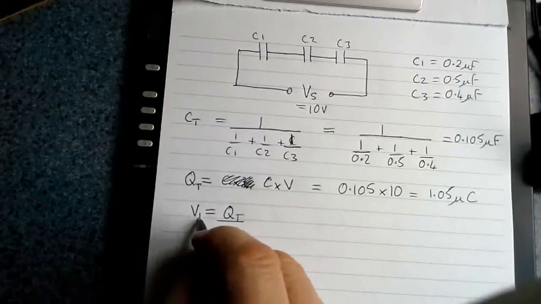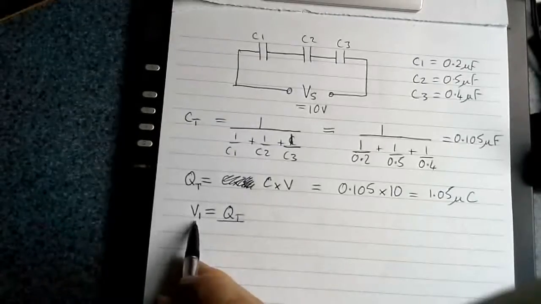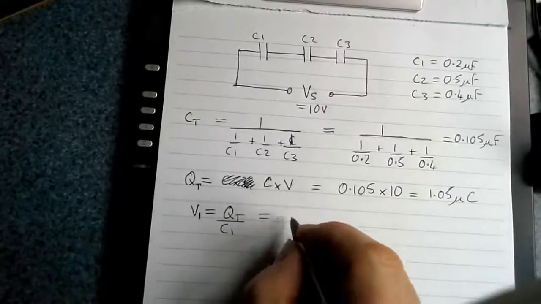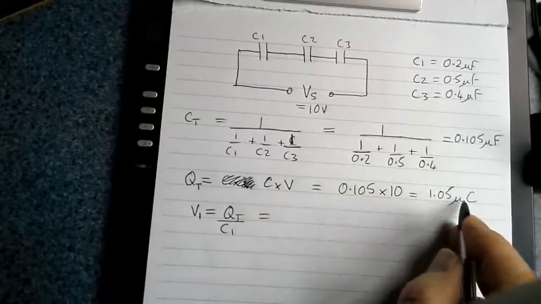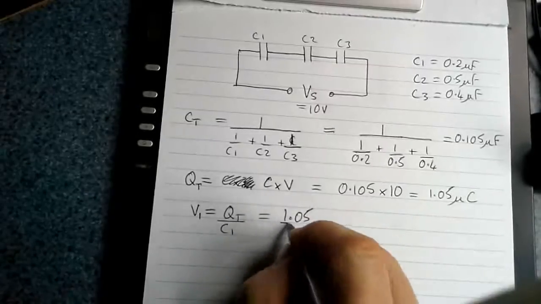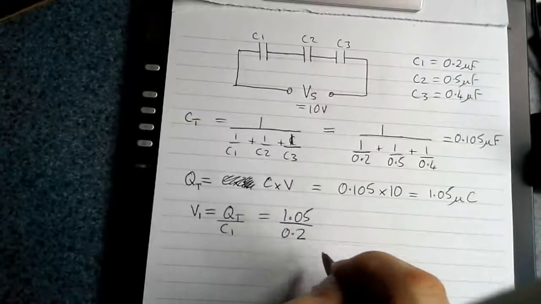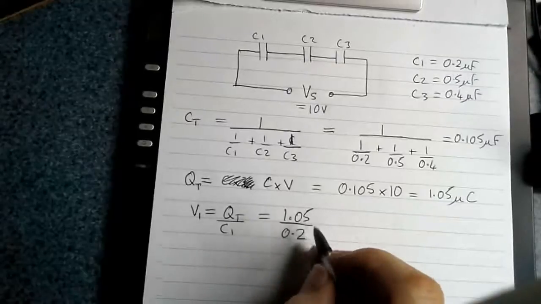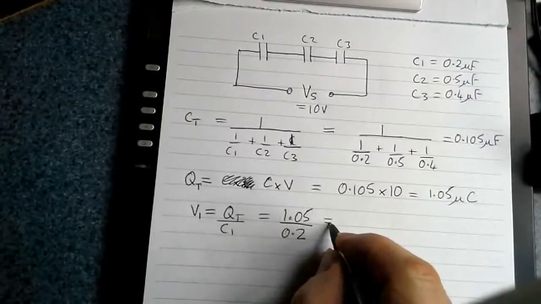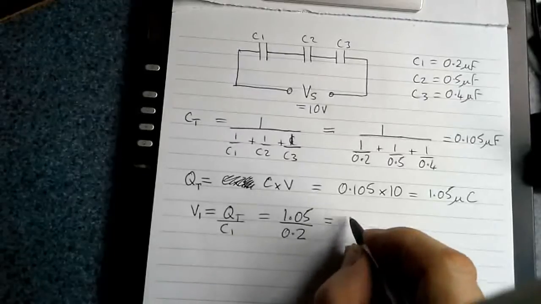So if I want the voltage across C1, let's call it V1, I divide by the capacitance C1, which would be equal to the total charge, 1.05 microcoulombs, divided by 0.2 microfarads. Micro divided by micro will cancel, I get an answer in volts, and the result comes out at 5.25 volts.